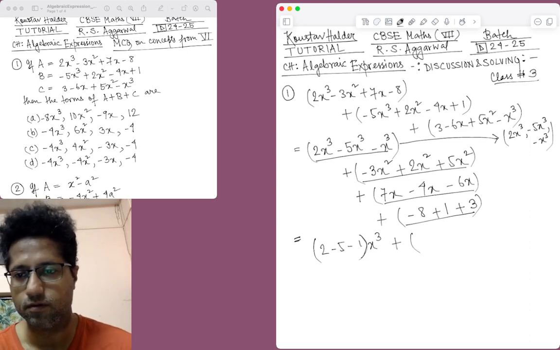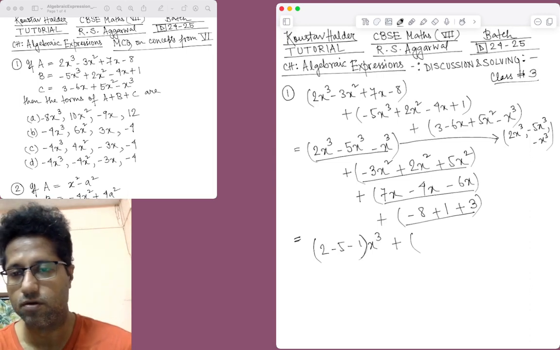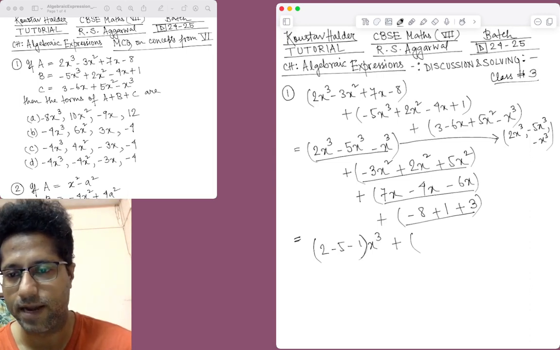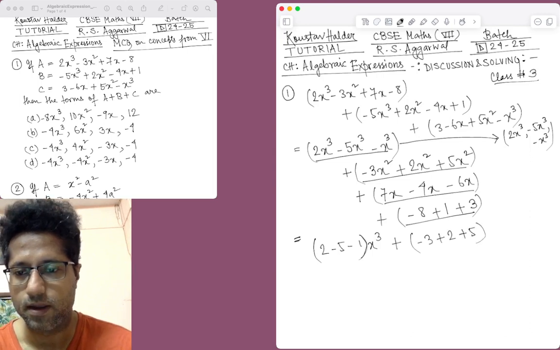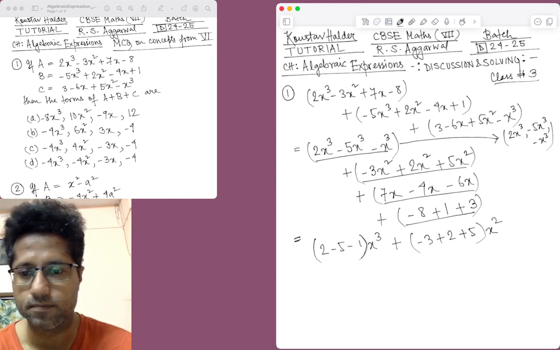For the addition of all the like terms with literal coefficient x square, I will add their coefficients, that is minus 3 plus 2 plus 5, and then the literal coefficient x square.